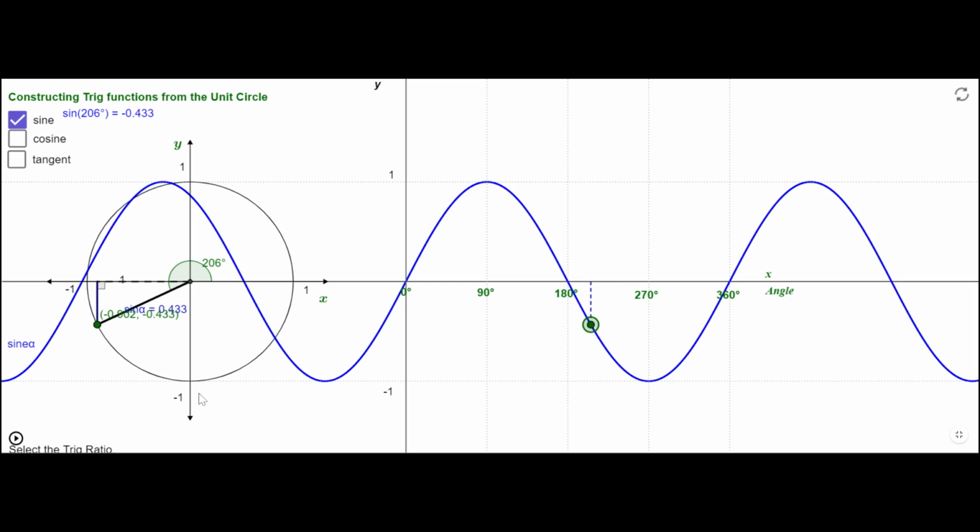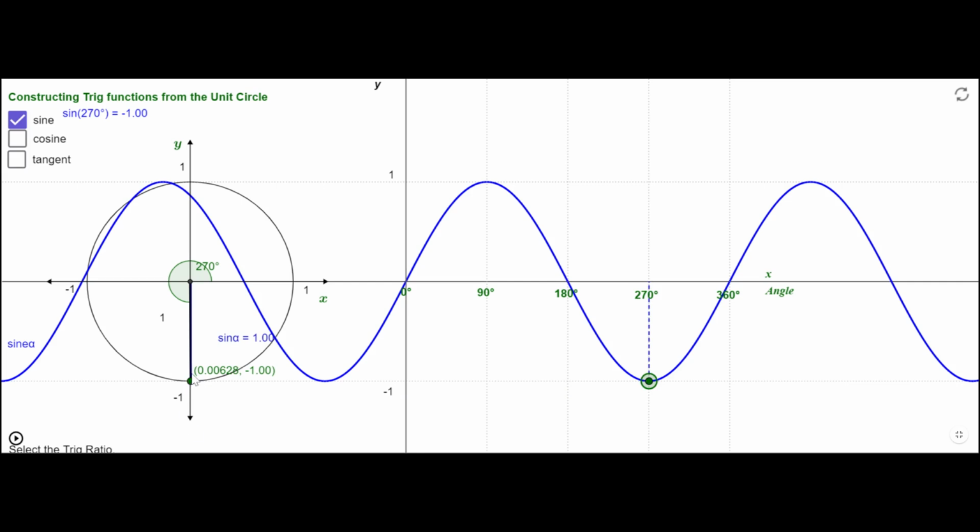So if we put in sine 210, it will give us a negative ratio of sides that we need to plot for our function. And if we get to sine 270, it will give us minus 1. Why will it give us minus 1?